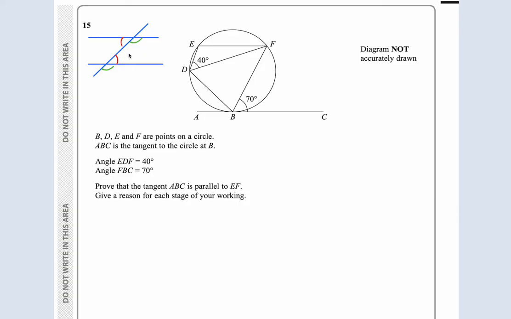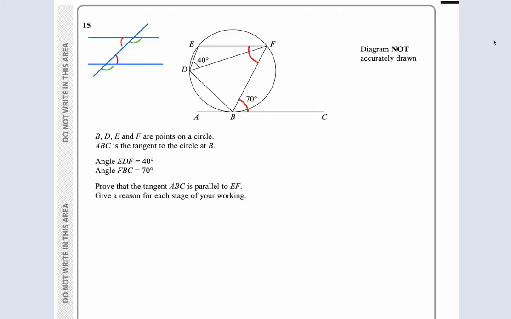So I need to kind of identify one of these. And the question is, which one will I go with? Well, the only angle I have down on this line is 70. So why don't we look at this one? If this one is 70, this is now just like my red angle here.